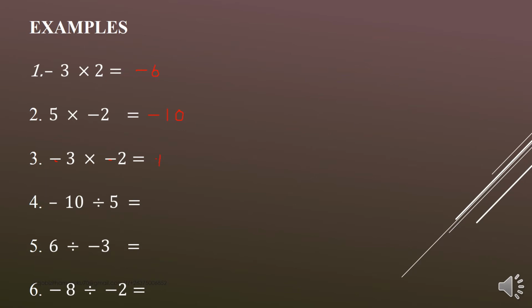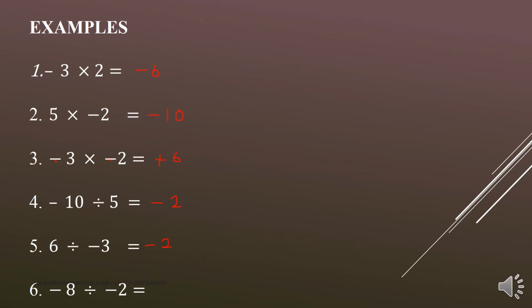That's our answer there. Number 4 says minus 10 divided by 5, so we have a bad person and a good person, the result there is bad person, so it's negative 2. And the other one says 6 divided by minus 3, so our concept there is a good person divided by a bad person, so the result is a negative. 6 divided by 3 is 2, so the answer is negative 2.